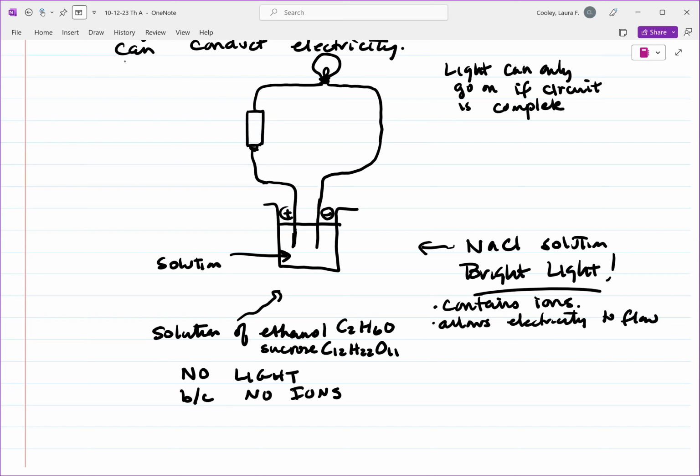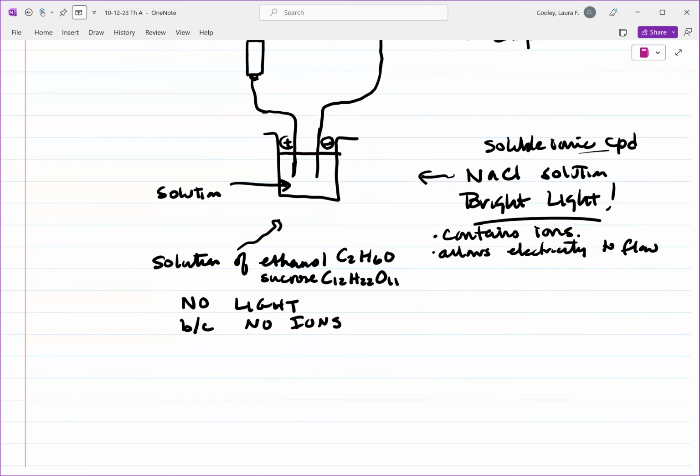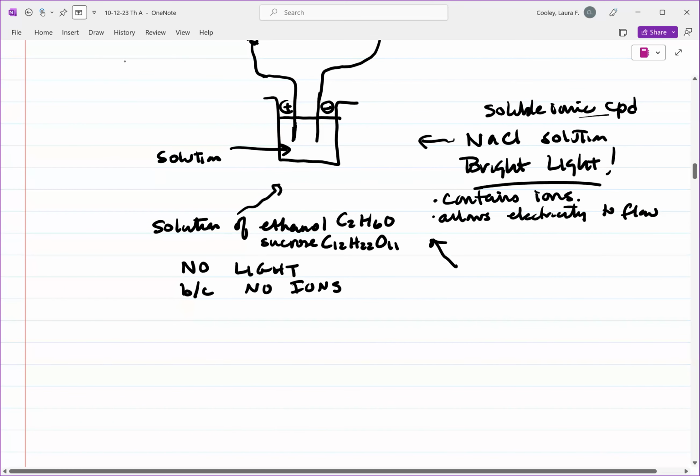But anyway, my point being, you put in a soluble ionic compound, it produces ions and the light lights up. You put in a molecular compound and it doesn't. Also, if you put in a solution of HCl, it'll light up like a Christmas tree.